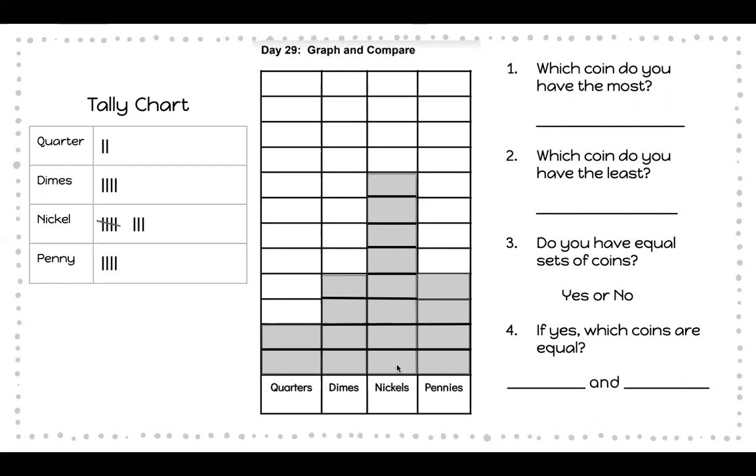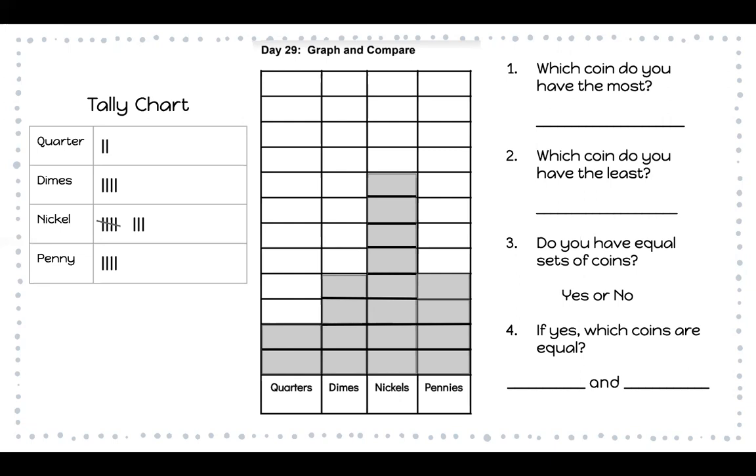So that means I have 8 boxes filled in. 1, 2, 3, 4, 5, 6, 7, 8. Now I also have 4 pennies. So I have 4 boxes colored in. 1, 2, 3, 4.